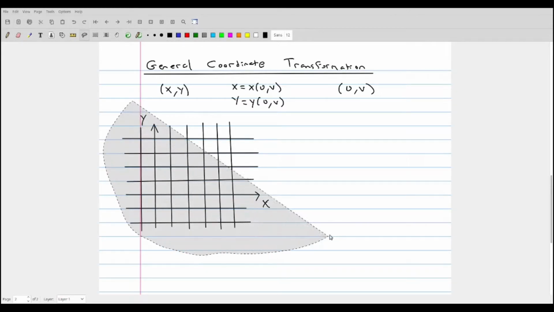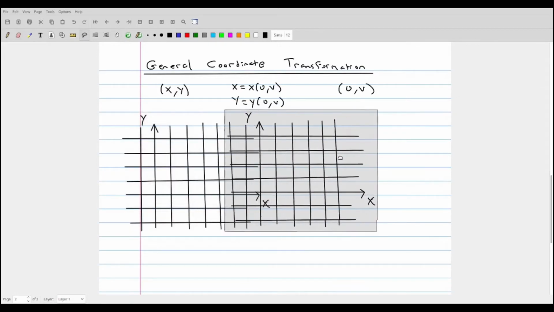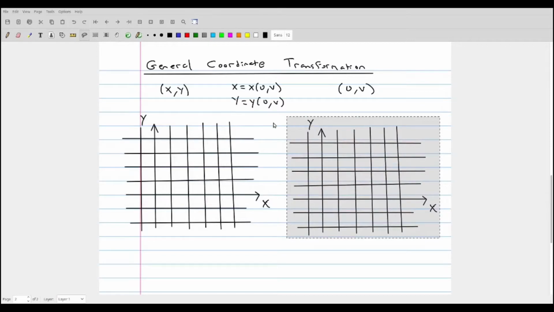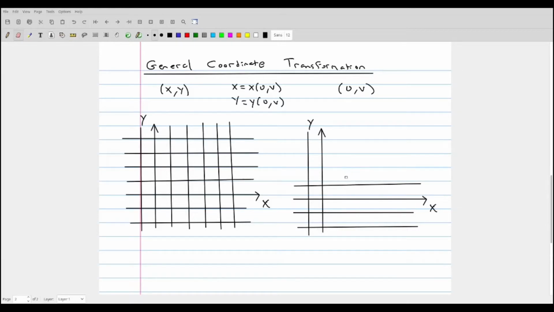And when we go to a new coordinate system, just like in polar coordinates, we're going to have that the new coordinate curves are not necessarily going to be lines. So we can just draw a general picture to wrap our minds around this.